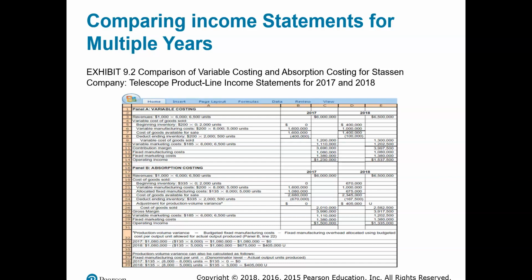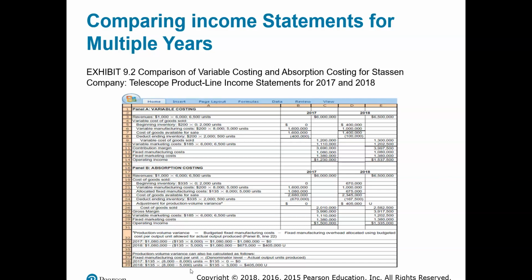level of output. In the Stassen company, we budgeted in the second year for 8,000 units, but we only produced 5,000. So what is my production volume variance related to that capacity? Because I had capacity to make 8,000 units, and that's what I budgeted on, but I only made 5,000 units.